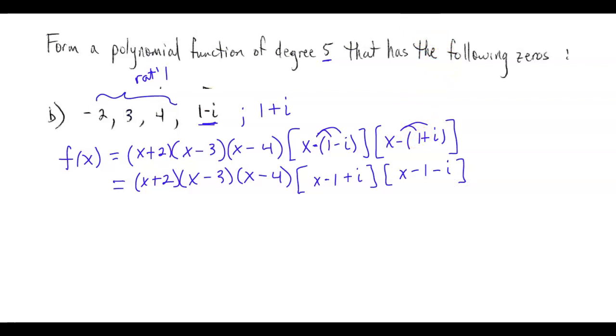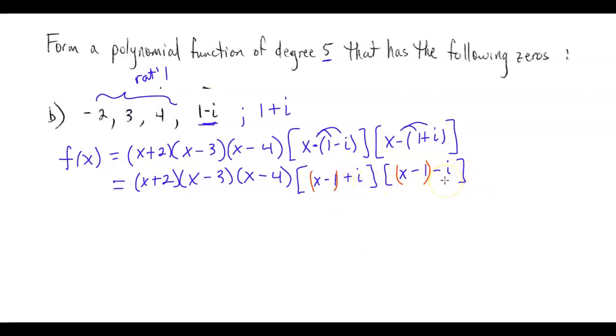To make the multiplication a little bit more simple, I'm going to group the x minus 1 here and the x minus 1 here together. I'm doing that because I know that x is a real number, or I'm going to treat it as if it's a real number in this case. I'm going to group that as the real part of this complex expression, and I'm going to let the plus i be the imaginary part.